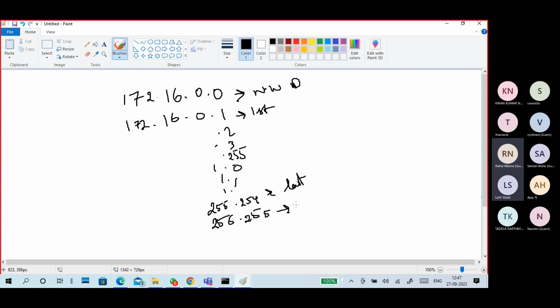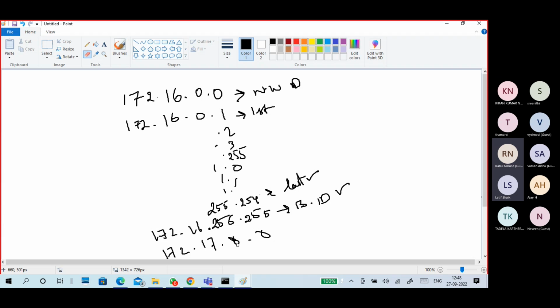This is the broadcast ID. Here, 172.16.255.255 is the last IP address in this series, and the last one is the broadcast. The last valid is this one, and this is the broadcast ID. So network ID and broadcast ID we can't use. The next IP address automatically is 172.17.0.0.